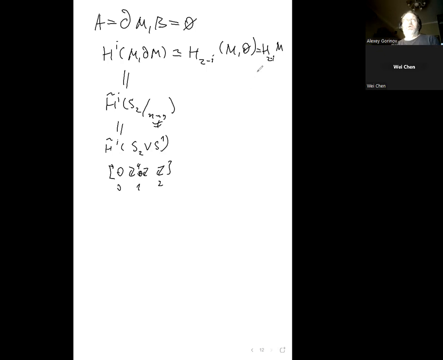Well, what do we have here? What do we get when we remove 2 disks from S2? Well, in degree 0, we still have z. And in degree 1, what do we have?